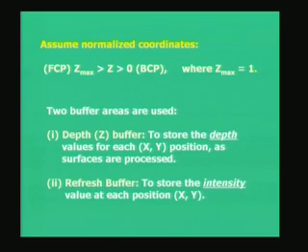And there is another buffer called the refresh buffer, which stores the intensity at each point x y. Now, although these two buffers are used, in terms of the VSD algorithm, the depth buffer is the most important part. That is what we will see, because we will keep the computation involved in computing the refresh buffer or the intensity value for the later time when we discuss the illumination and shading algorithms.